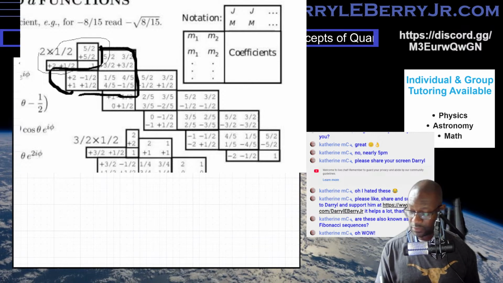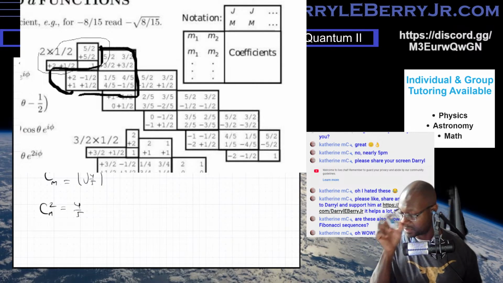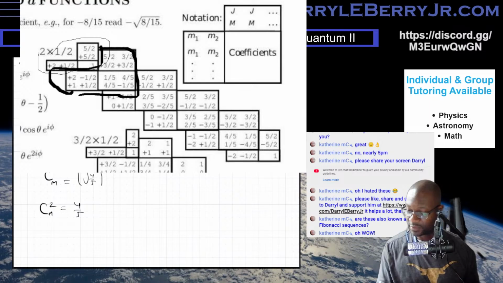Then I could just take this coefficient and say C sub m equals square root of 4/5, and C sub m squared gives us 4/5. So it's basically a probability of 4/5 if I have a capital J of 3/2 and capital M of 3/2.